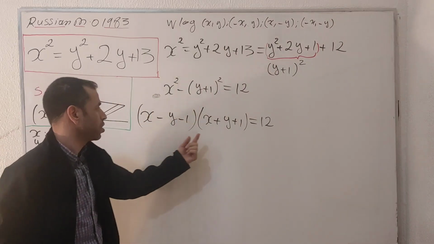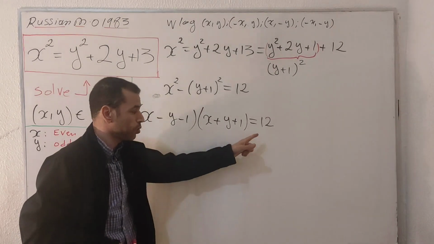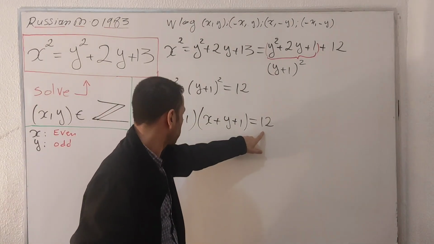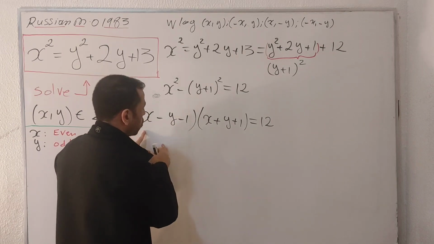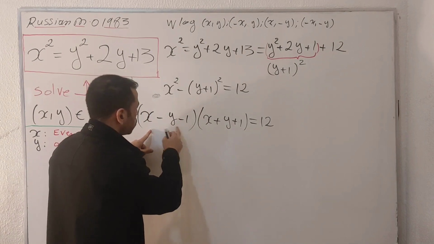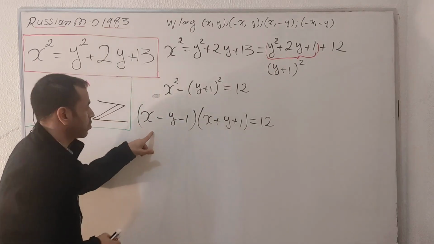Now the parity is going to help us here. Without parity we will have 12 cases, because we don't know the parity of these terms, and also we don't know which one is smaller and which one is bigger, because of the negative numbers.